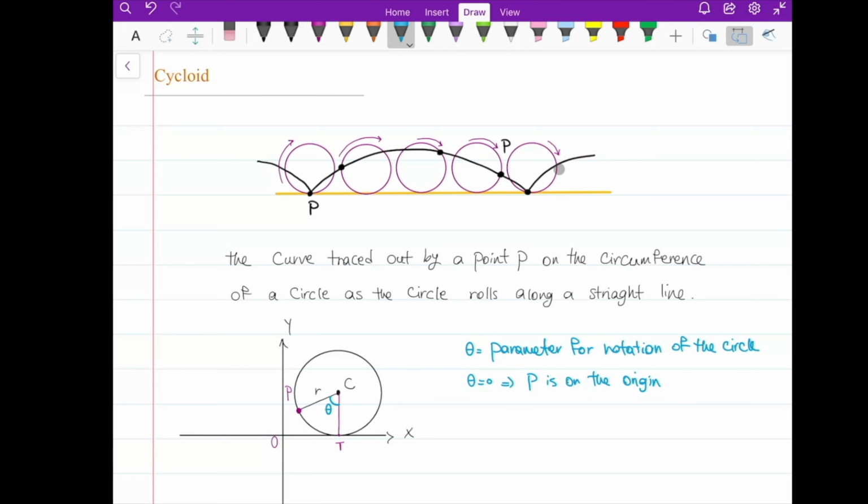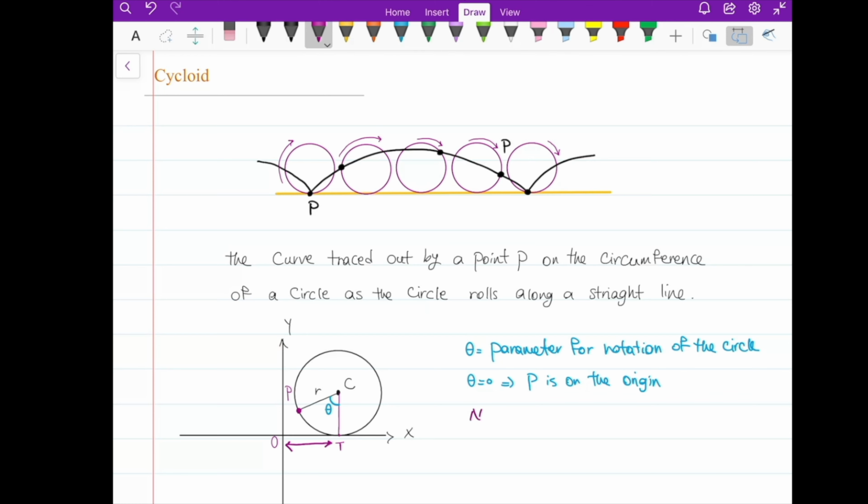Based on this fact, the length OT is equal to the length of PT. Assume the point P was here, and then the circle starts to rotate, and that's why the point P goes a little bit up. The key fact is that OT is equal to PT.